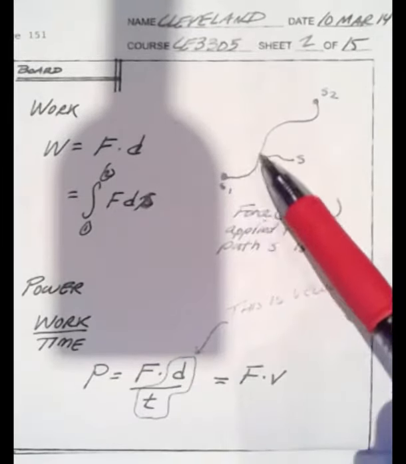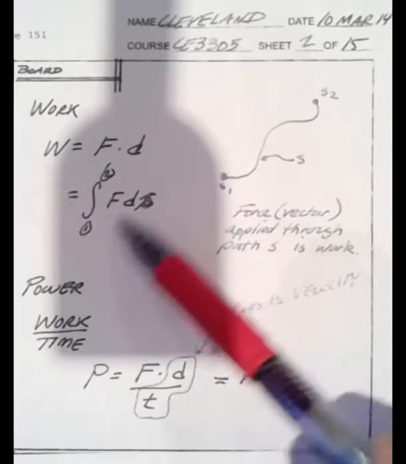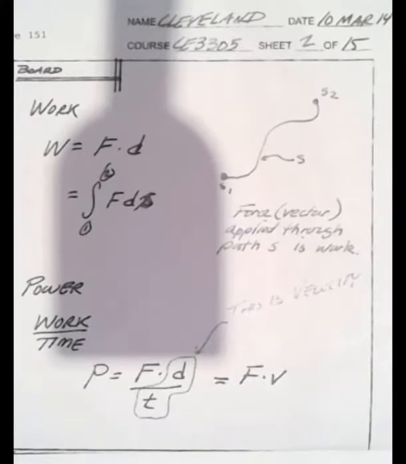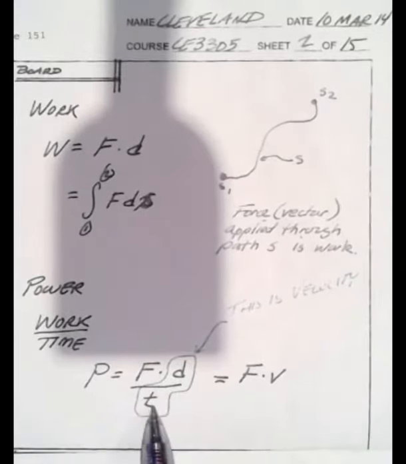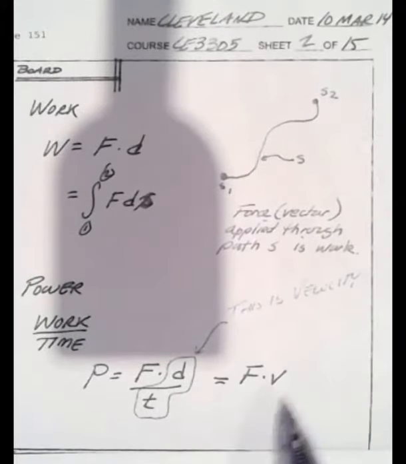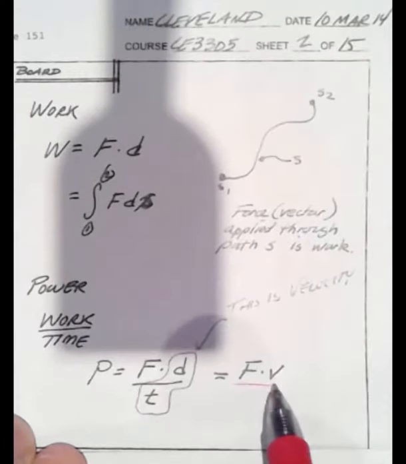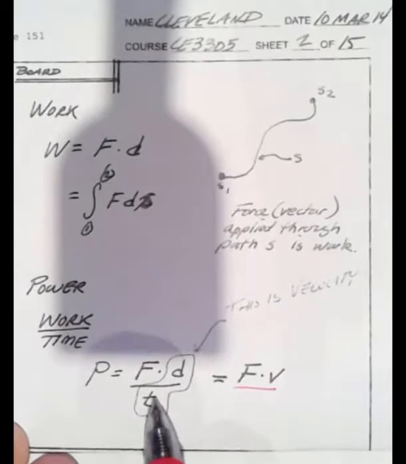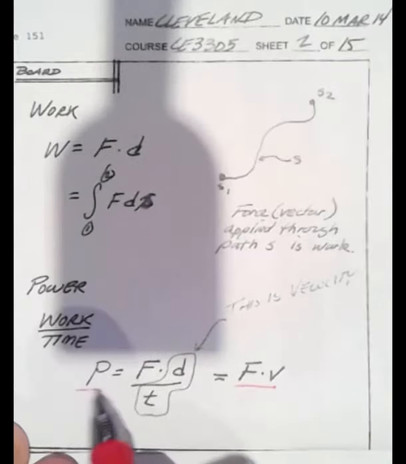So the path is part of the integration to produce work. Power is work over time, and so that's going to be force times distance over time. But another way of looking at that is the distance over time is velocity. So power is force times velocity, or work over time, same things.